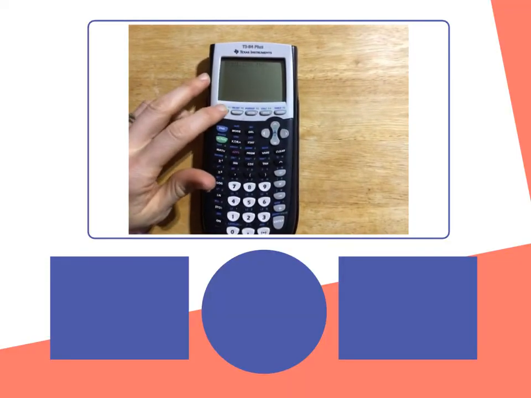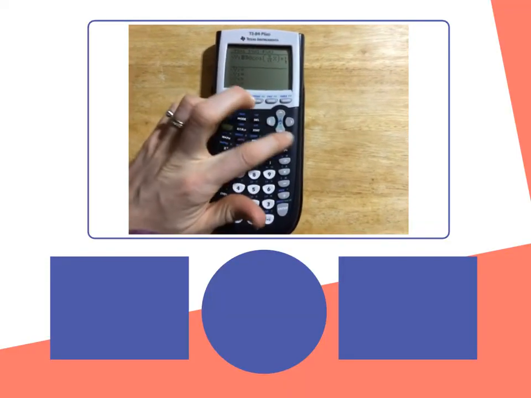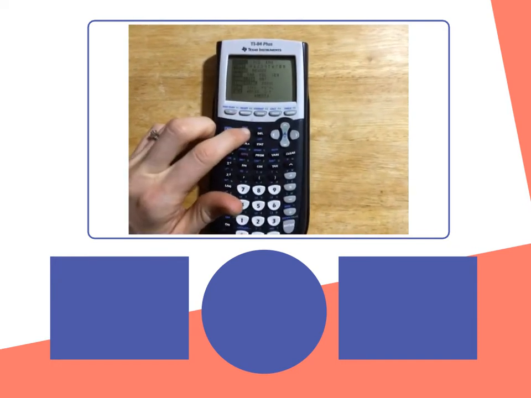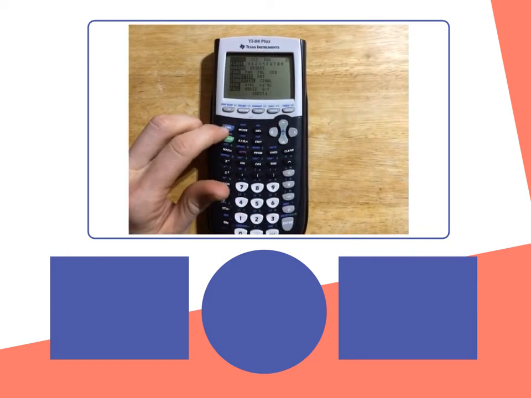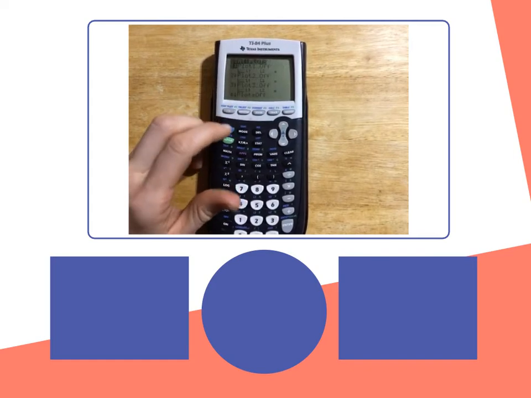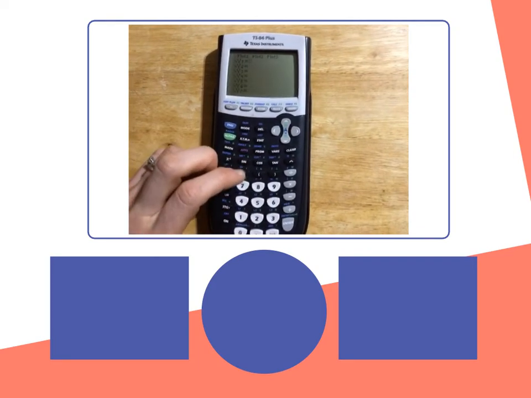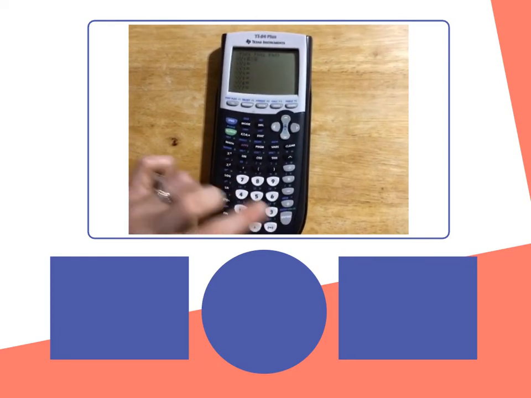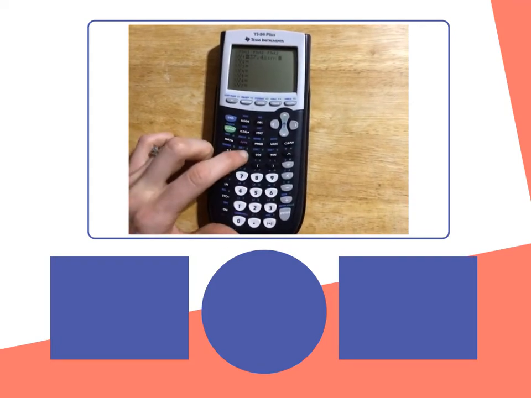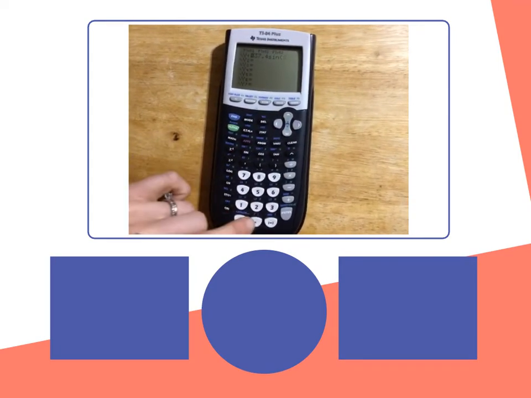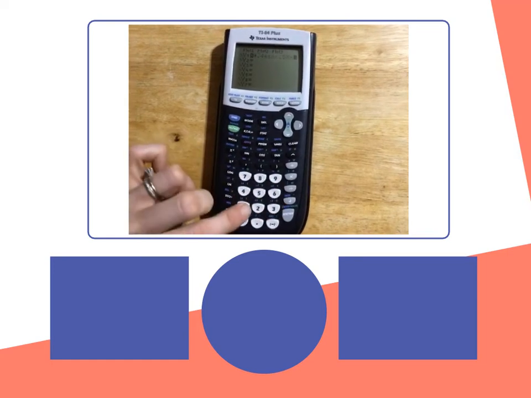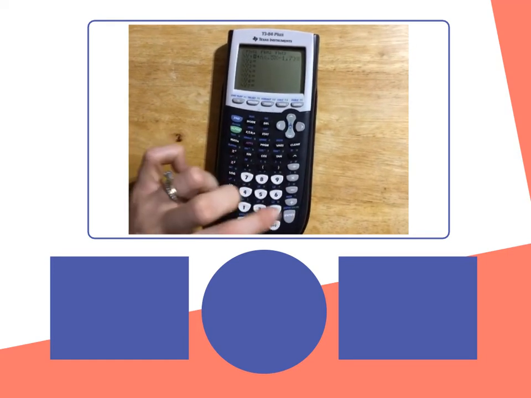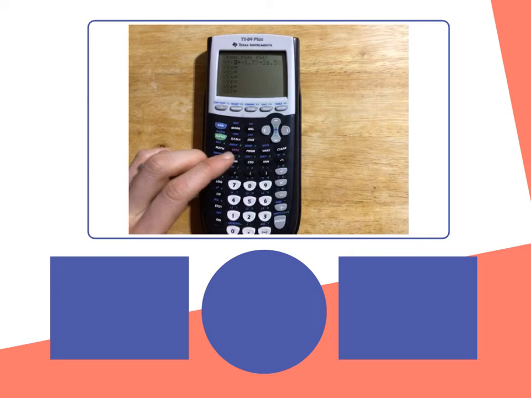So I'm going to start out and put my equation in y equals. I will first check and make sure that my mode is in radians, which it is. So typing that equation in, I get 37.4 sine of 0.5x minus 1.7 and then plus 26.5.